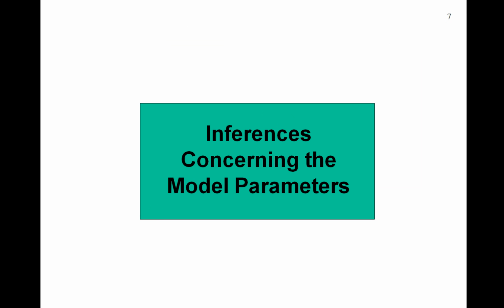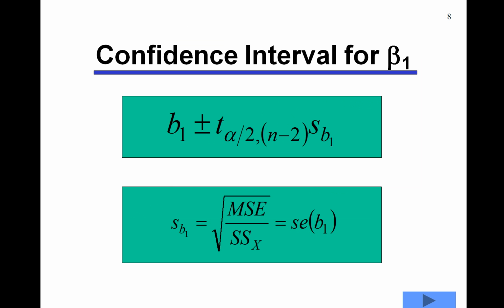So now let's take a look. Now that we have an understanding of the distributional behavior of B0 and B1, we can in fact make some inference about those model parameters.